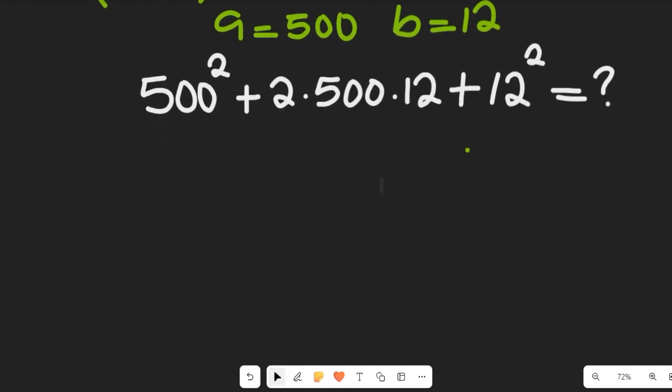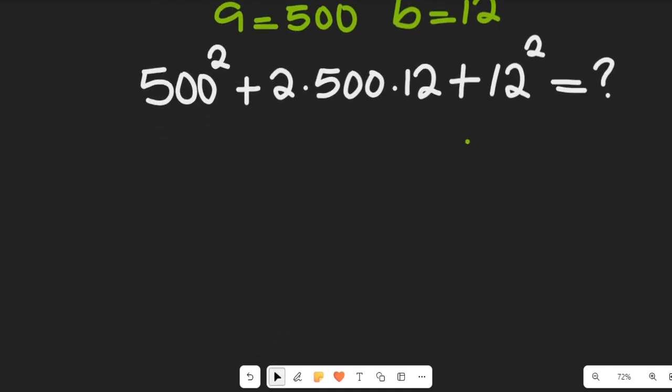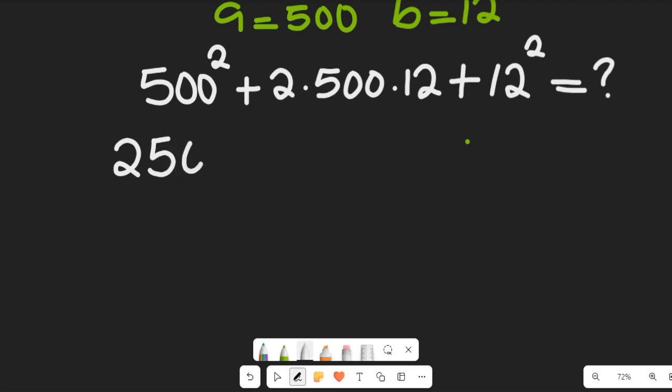So what will this whole value give me? If I simplify that, 500 squared is going to give me 250,000, because 5 times 5 is 25, then I'll put my 4 zeros: 1, 2, 3, and 4. That's 250,000.